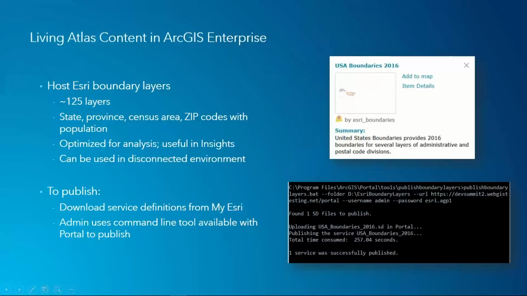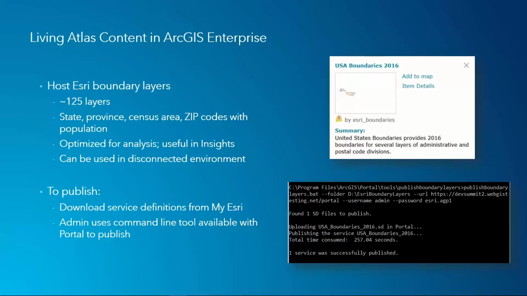So one last note on enterprise. We understand some people, unfortunately, can't reach out to the open internet to take advantage of all that content. We do provide some Esri boundary layers that you can download and then publish to your own enterprise. It's about 125 layers with standard admin areas and basic demographic information, optimized for analysis.